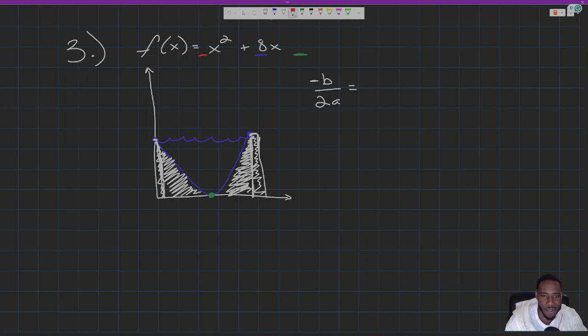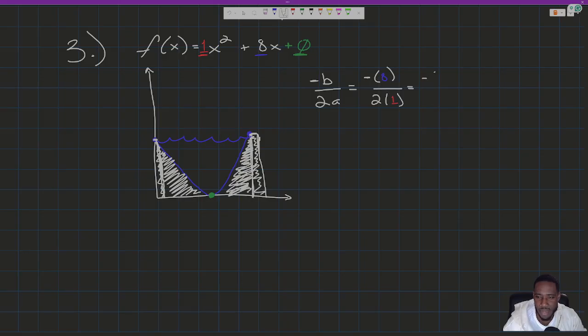We don't see an a value, so we know there's a 1. We do see a b value, that is 8. And because we don't see a c value, we can assume that is 0. Okay? So negative b over 2a here means that we're plugging in 8 for our b. And for our a, we're plugging in 1. And from there, we simplify.